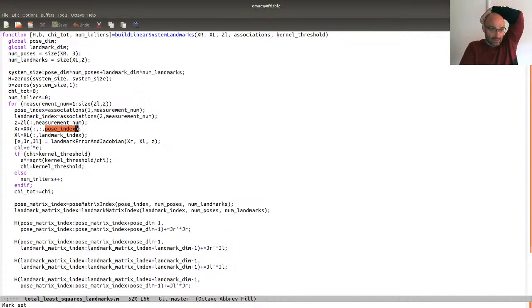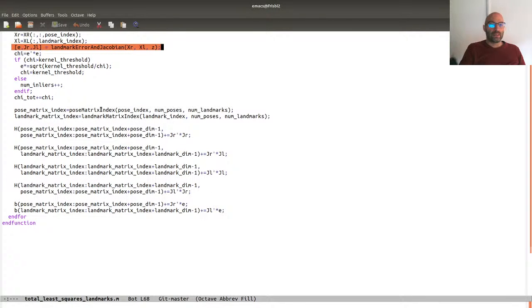Then the first thing that we do is calculate the error and the Jacobian. If the error is too big, we kernel it out and we say that it's an outlier. Otherwise, we say that it's an inlier. Fine. We calculate the chi as the contribution to the total chi, and then we have to copy the blocks to add the additive contribution to the global H matrix by retrieving the indices in the matrix that correspond, and in the B vector that corresponds to the landmark and the robot position under investigation.